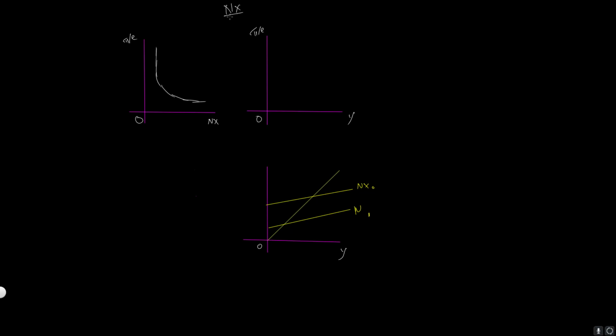What's going to happen to the IS-LM model when we factor in net exports? Look at the first diagram over here. The first diagram shows the relationship between exchange rate and net exports. As the net exports increase, our exchange rate decreases, and as our exchange rate increases, our net exports decrease.